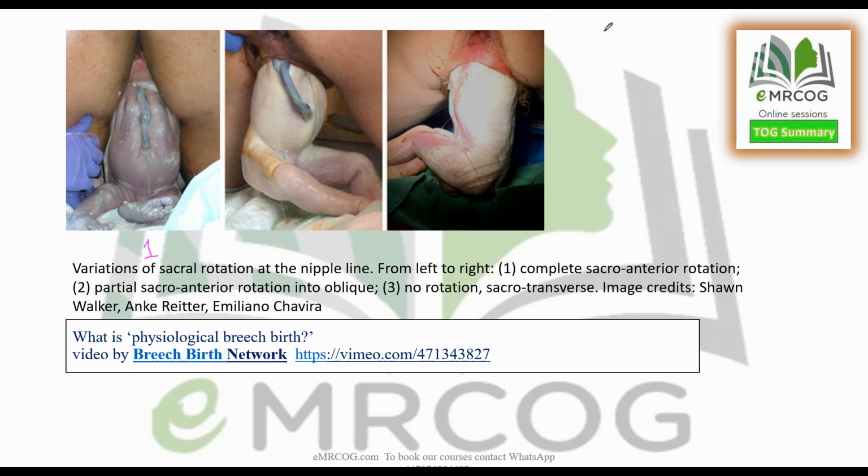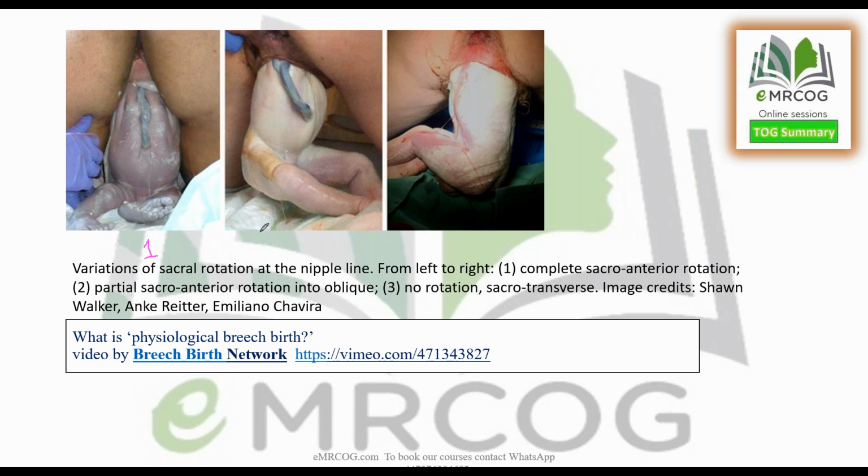So my friend, number one, from left to right, we can see that we start with the sacrum posterior.